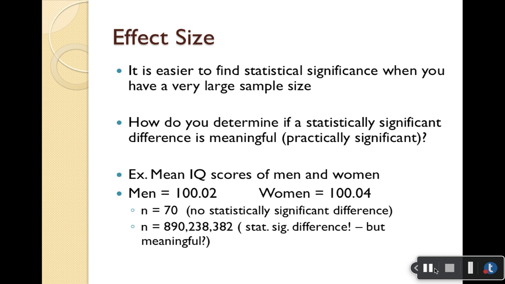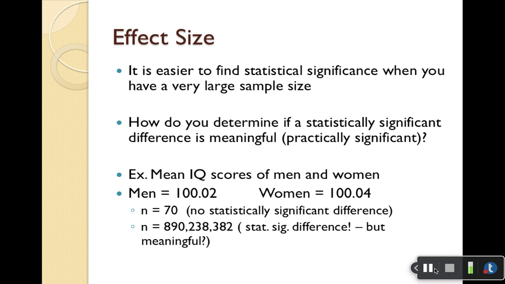So the main reason we have effect sizes is that the larger our sample is, the more people we have in our study, the easier it is to find statistical significance. So the question then becomes, how do you determine if a statistically significant difference is actually meaningful, or what we call practically significant?